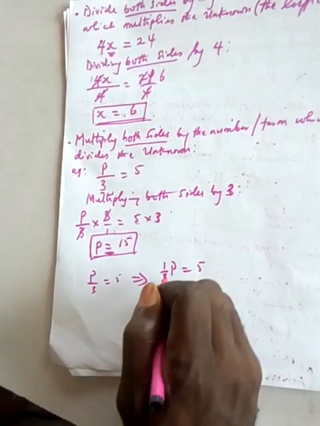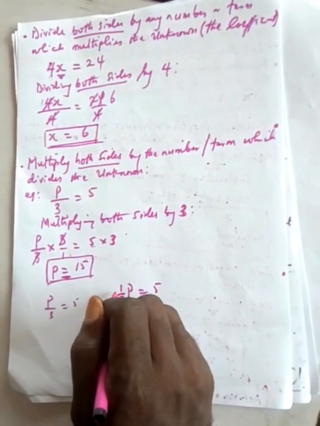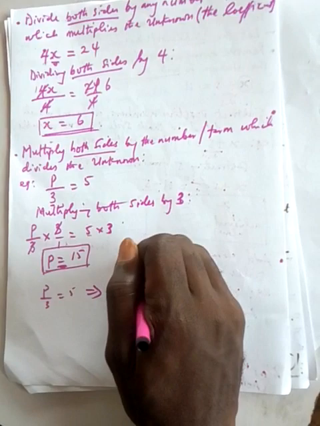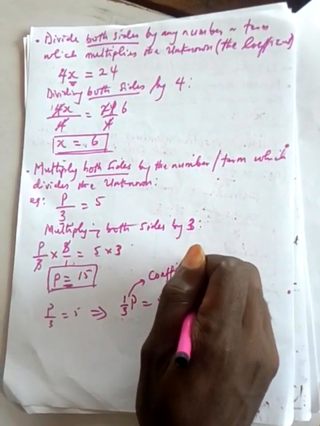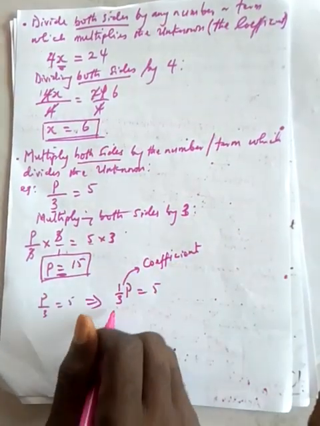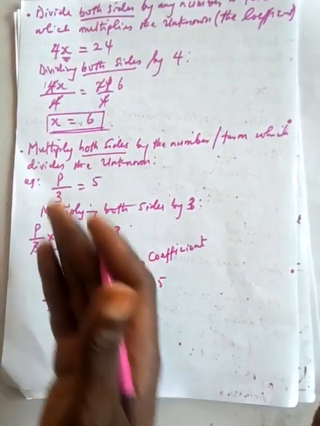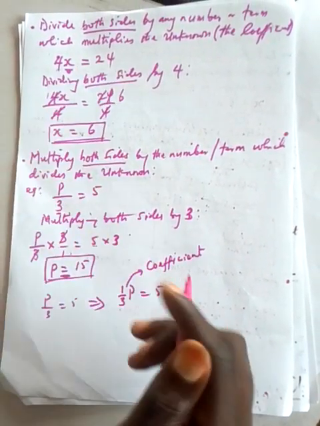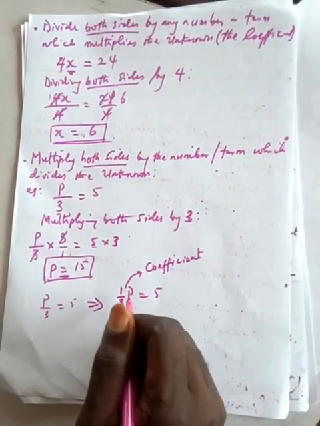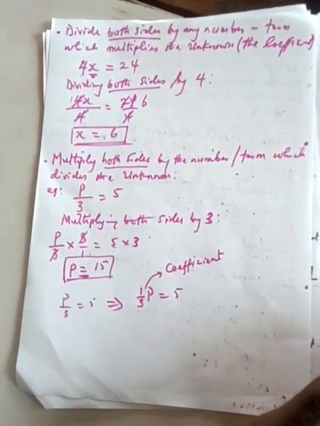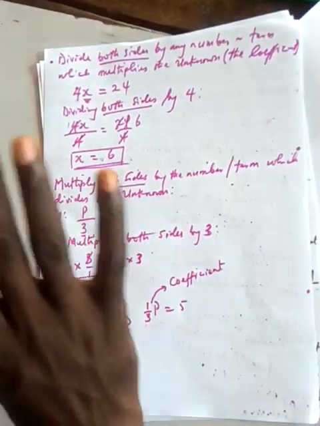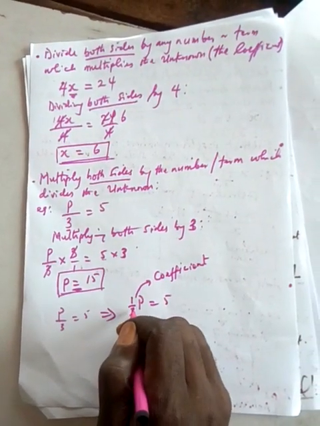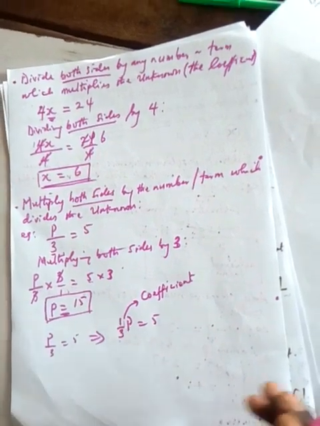In that way, 1 over 3 is also a coefficient of p. So we can apply the division we did here because it is multiplying p. 1 over 3 is multiplying p. It's a bit different from saying 3 is dividing p, but they are the same thing. It is here 1 over 3, the coefficient is multiplying p.